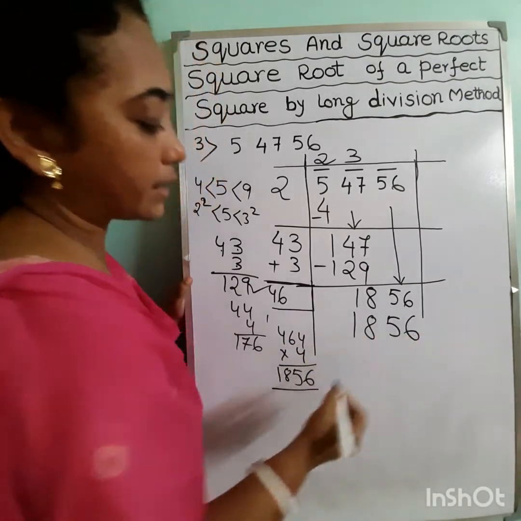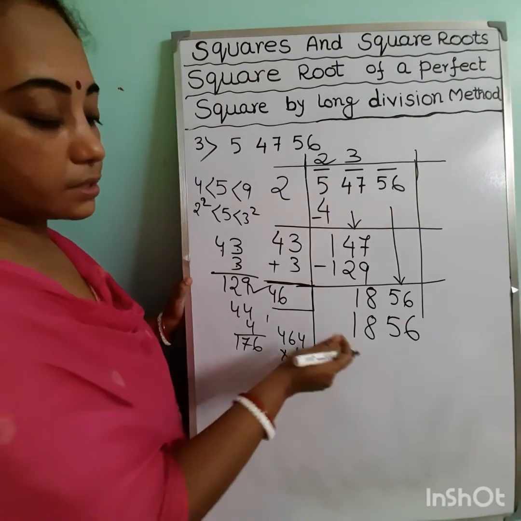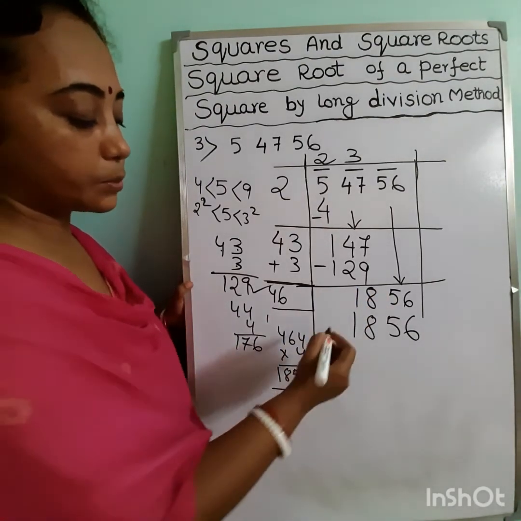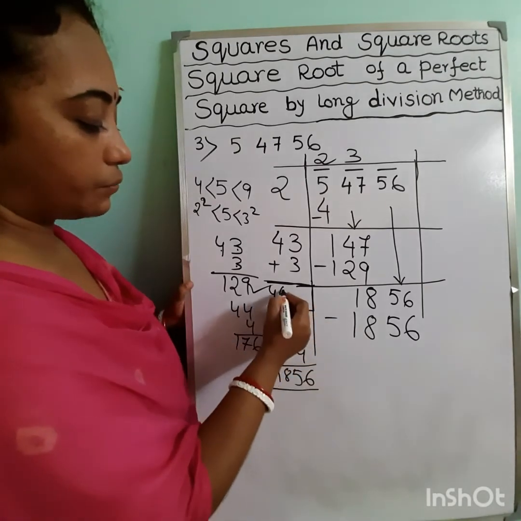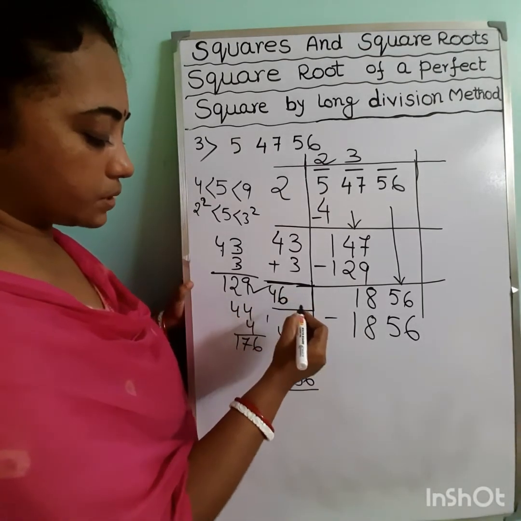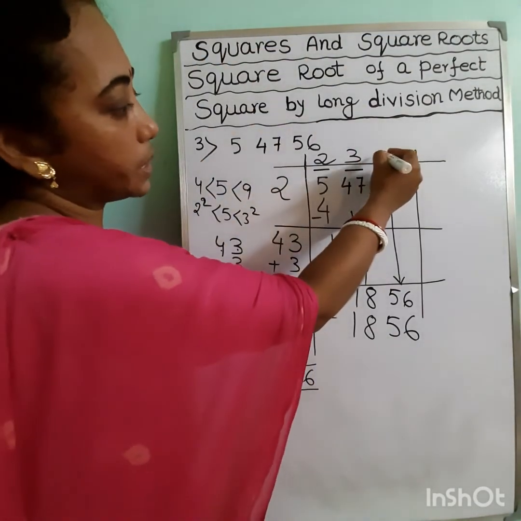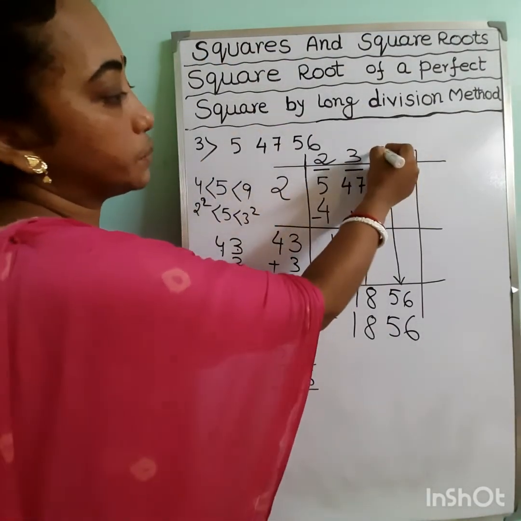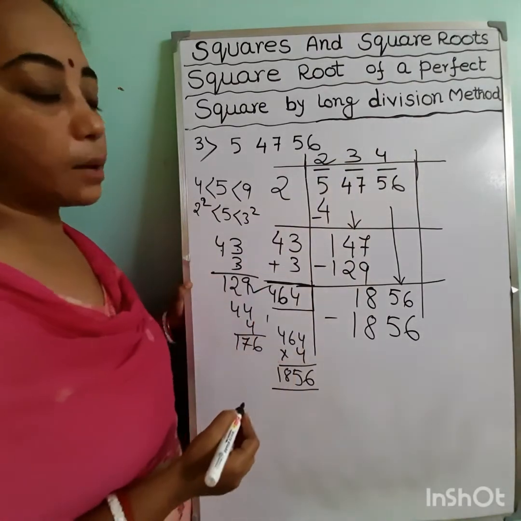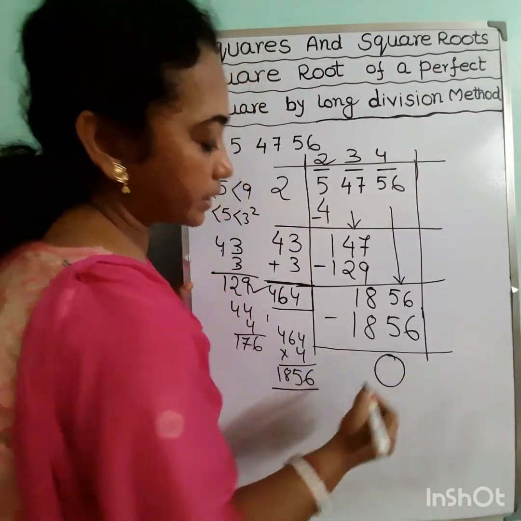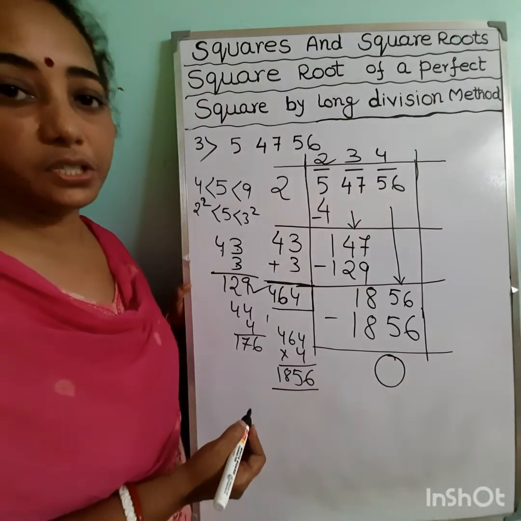We put the product here, and because it is equal to the new dividend, we subtract it from the new dividend, and we take the new divisor as 464, and the new digit in the quotient becomes 4. So the quotient becomes 234. After subtracting, we are getting the remainder as 0, and no pair of digits is left.